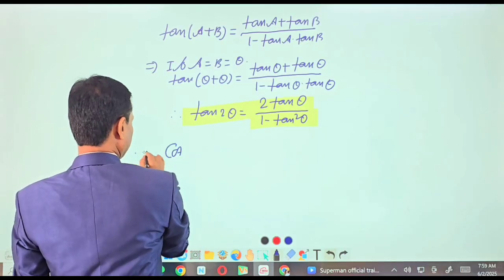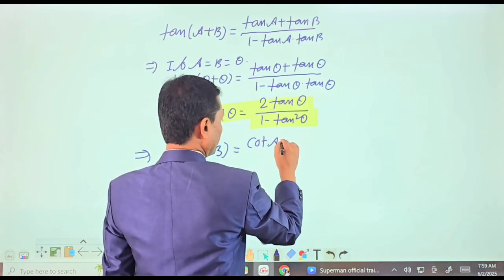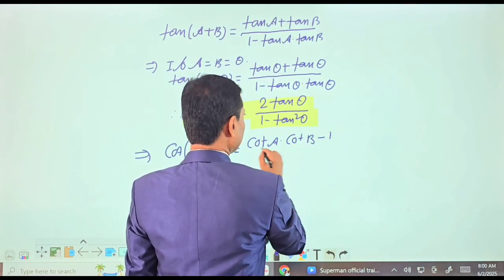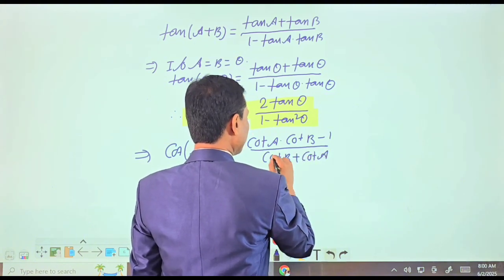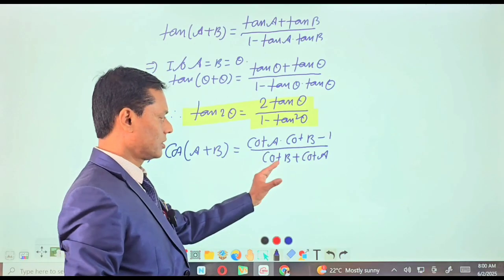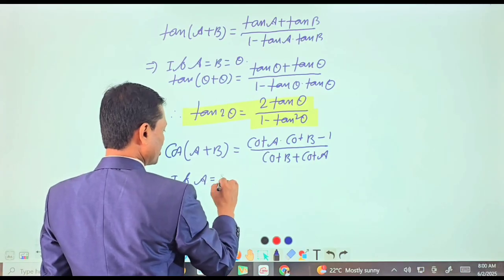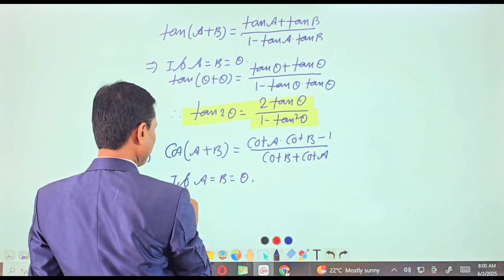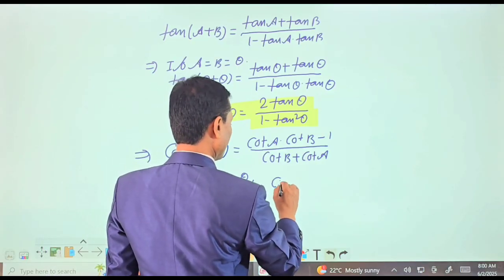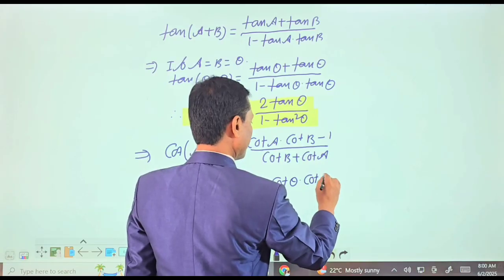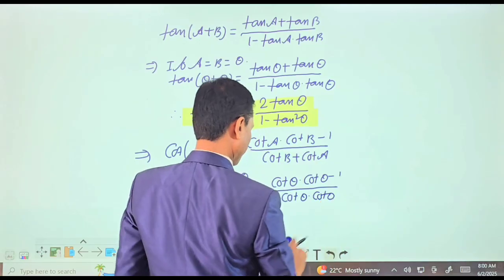Now the formula of cot a plus b, isn't it? So here is cot a plus b. We have cot a dot cot b minus 1 over cot b plus cot a. You can write cot a plus cot b also, doesn't matter, because there is a positive sign in the middle. Here also, if a equals b equals theta, then we have cot theta plus theta, that is cot theta dot cot theta minus 1 over cot theta plus cot theta, right?